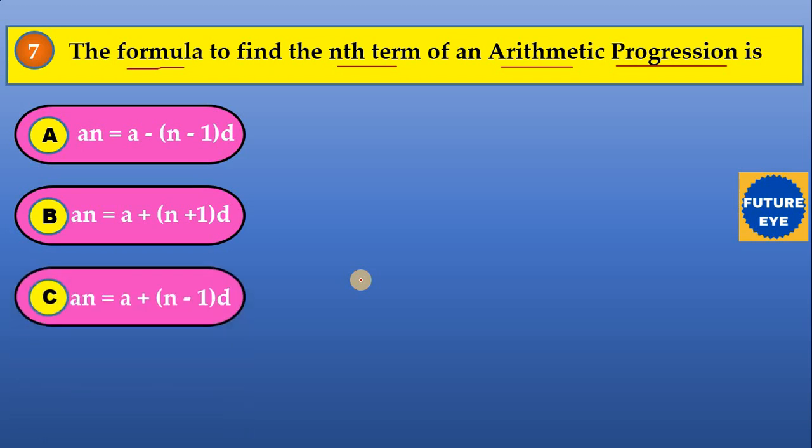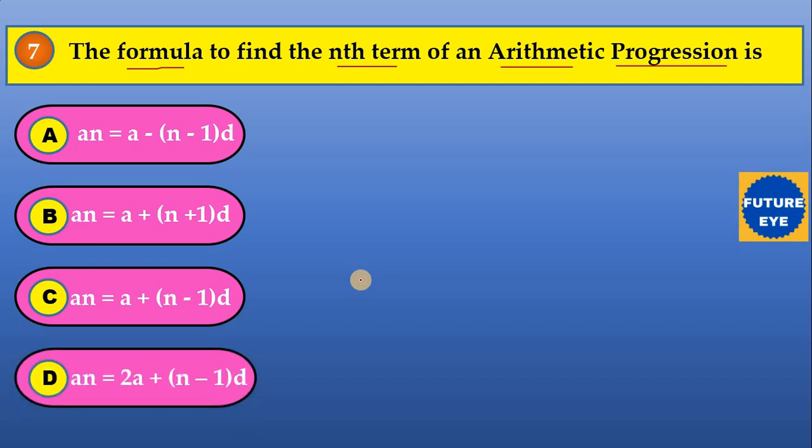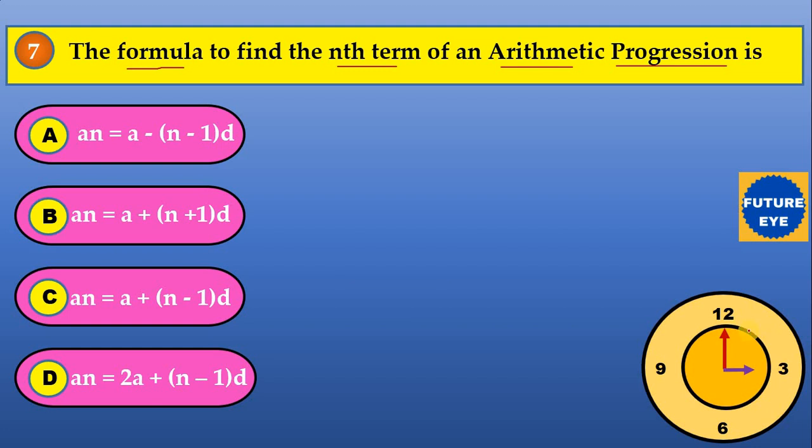Option C, an is equals to a plus n minus 1 into d. Option D, an is equals to 2a plus n minus 1 into d. Children, here you want to write the nth term finding formula. Directly you can answer. No need of 25 seconds. Anyhow, your time starts now.